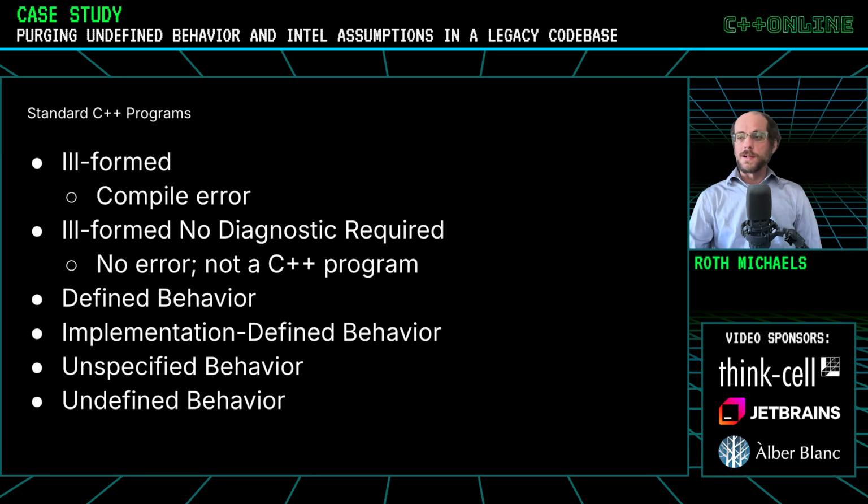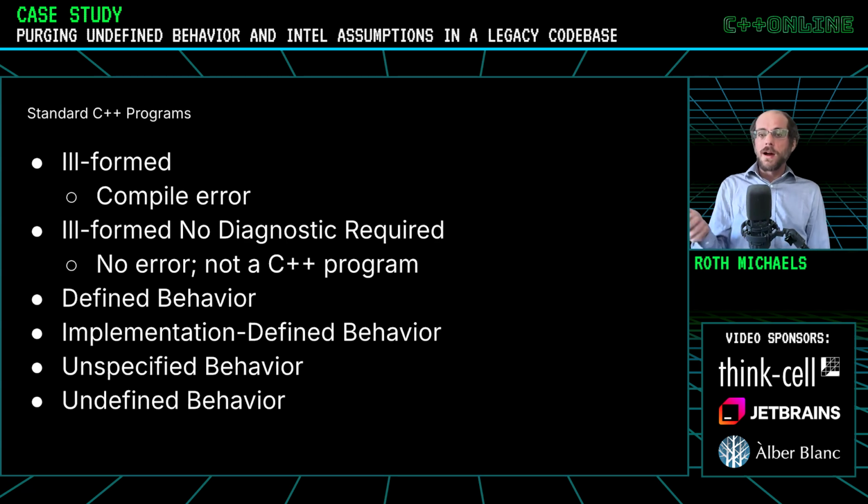So what is undefined behavior? If you think about a C++ program, there's a number of different states that something can be as far as expressions and behaviors of the program. So an expression can be well formed, and that's a normal thing that compiles. But then we have a couple other interesting ones.